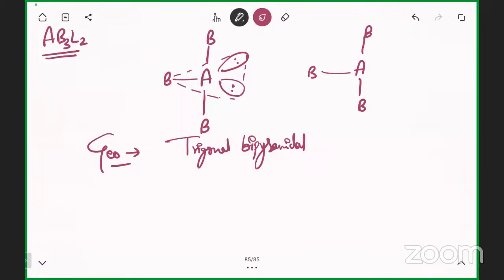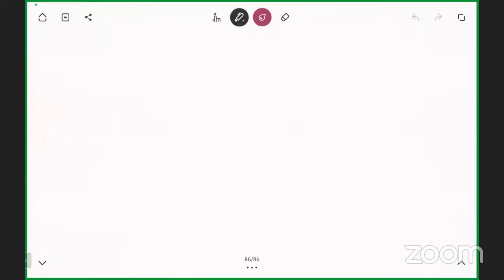That's why we consider it T-shaped. The shape of the molecule is T in the case of AB3L2.